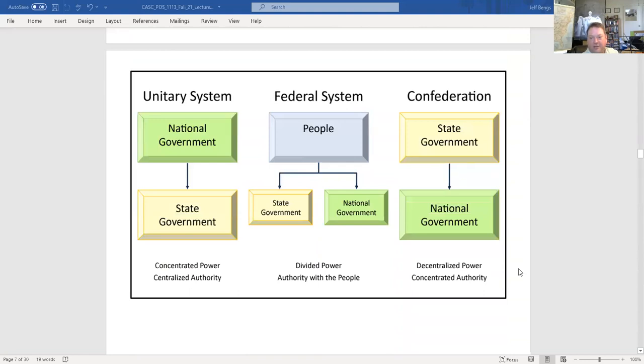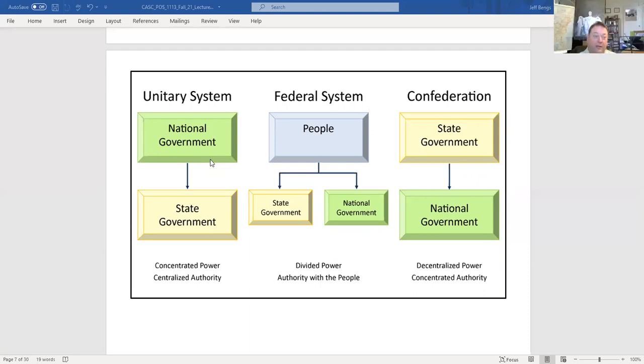Now, here's a chart that shows you the differences between these different systems. And we can illustrate this with Britain and the United States. When we were under Britain, we were under a unitary system. The national government had the power, and there were state governments that were accountable to the national government.